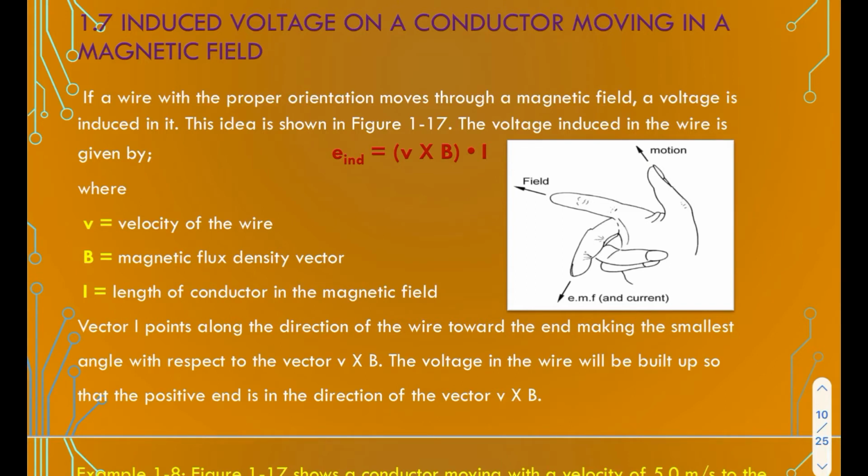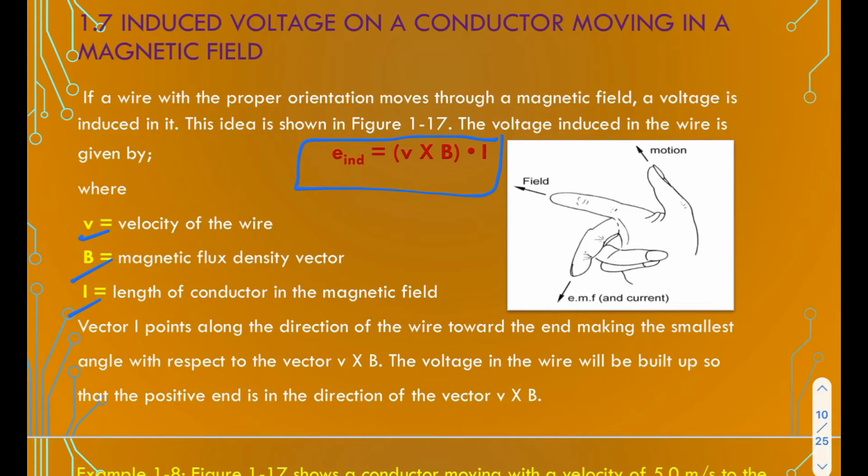The voltage induced in the wire is given by E induced equals V cross B dot L, where V is the velocity of the wire, B is the magnetic flux density vector, and L is the length of the conductor in the magnetic field.